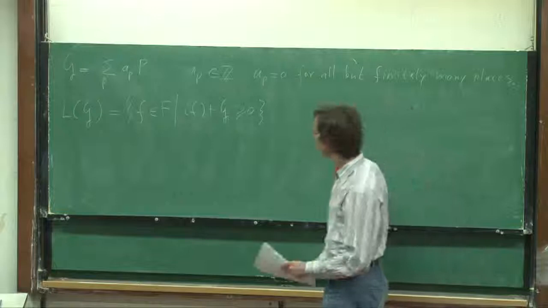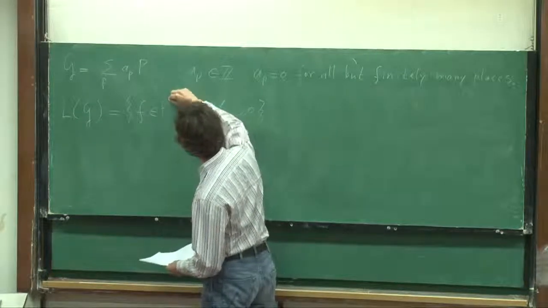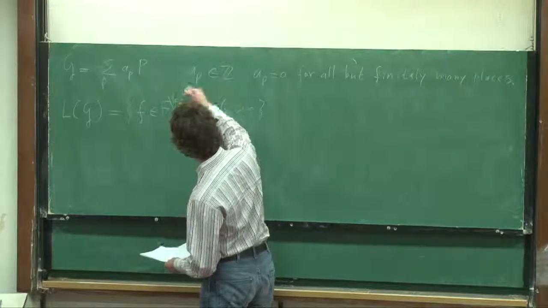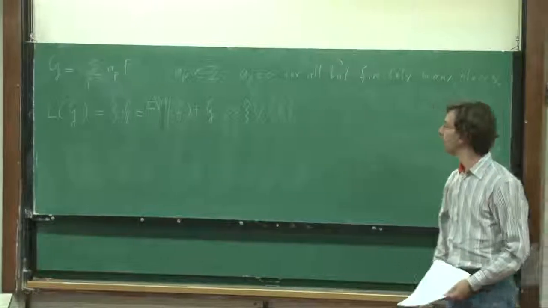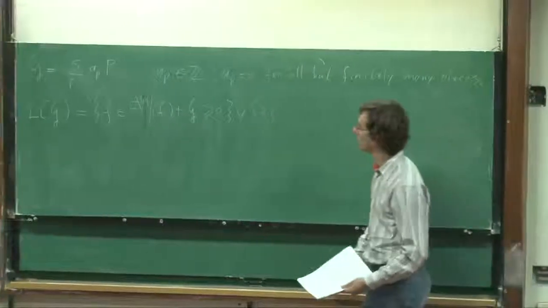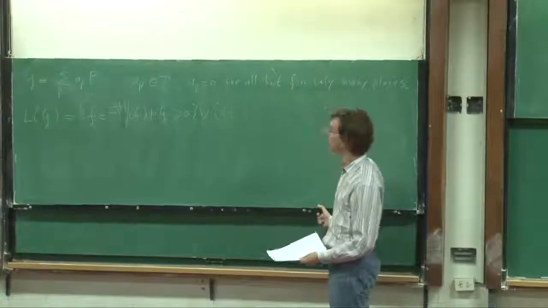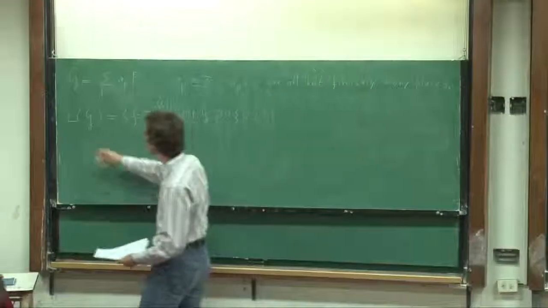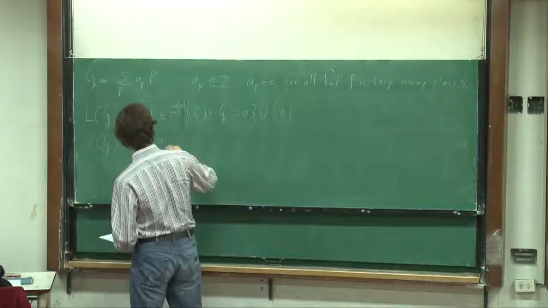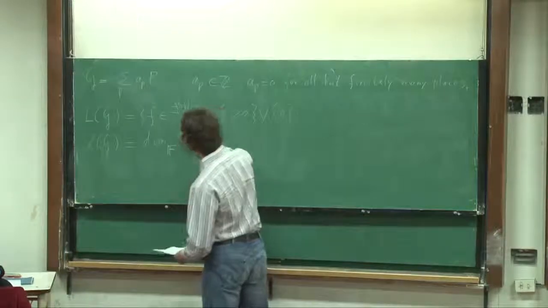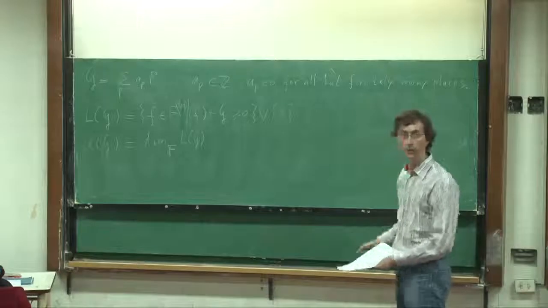If you want to be completely accurate, then we should say we don't allow 0 here, and then we add it later. This is going to be a linear vector space over the constant field, and the dimension over the constant field of this Riemann space is denoted by small l of G.